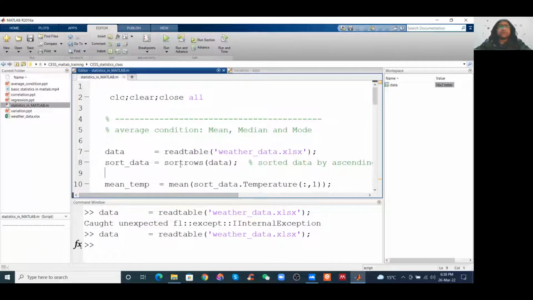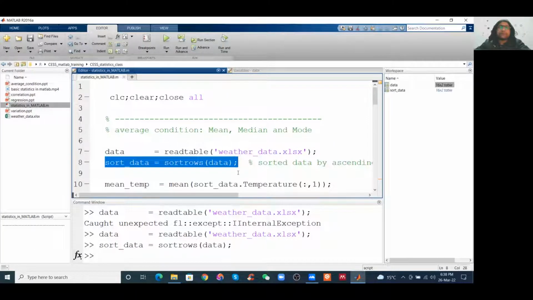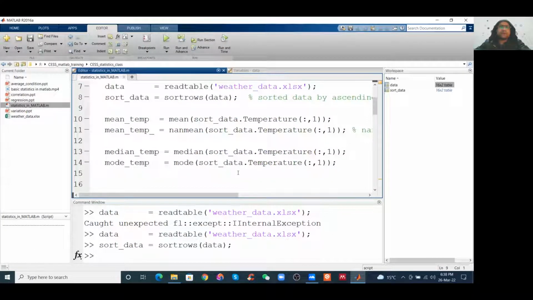We can use only the sort function if you just open the Excel file with readmatrix. But if we use readtable, like a table, in that case you need to use sortrows. Then our data is by default in ascending order. We can run it. So we have sorted our data.